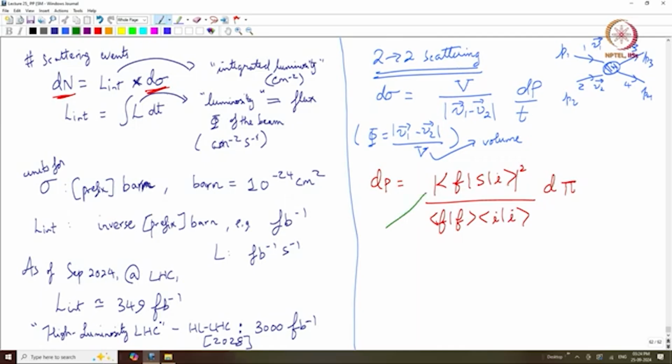This is basically something of a transition amplitude to go from an initial state to a final state, where this S, what is this S?